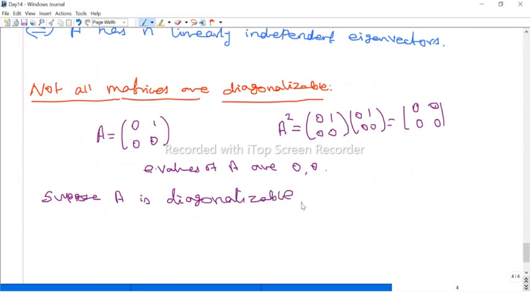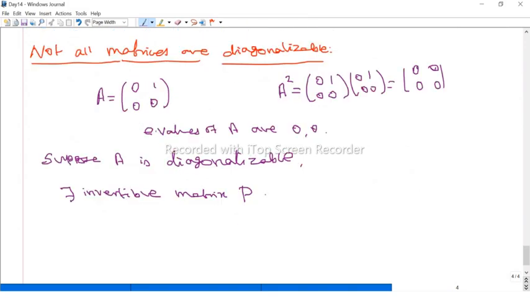By the definition of diagonalizable, there exists an invertible matrix P, which is also a 2 by 2 matrix, since we are working with 2 by 2 matrices, such that P inverse AP should be diagonal, right? But the diagonal elements of the diagonal matrix are the eigenvalues of the matrix, and here the eigenvalues are 0, 0.